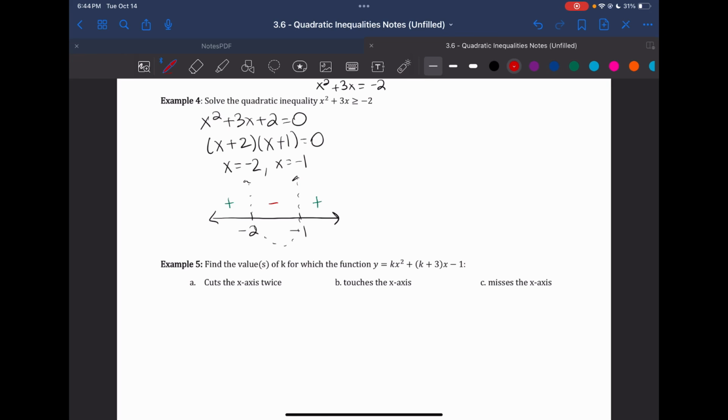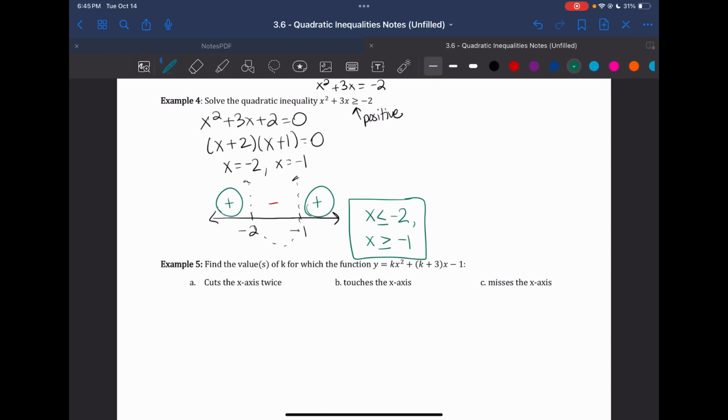So greater than, again, is anything positive. So again, I'm going to use these plus signs. In my answer then, x is less than or equal to -2, and then x is greater than or equal to -1.